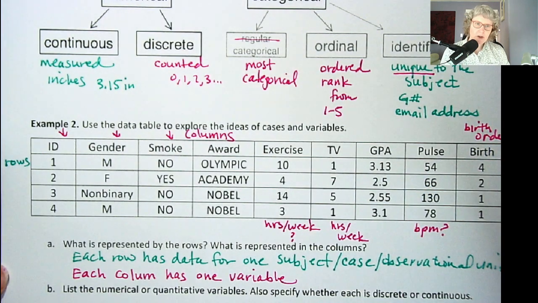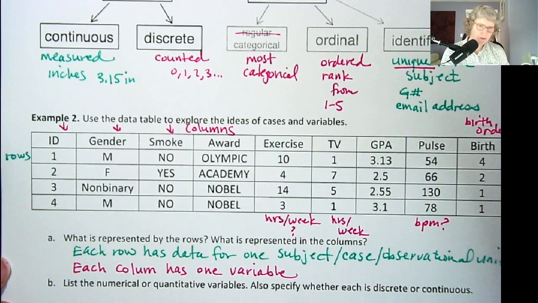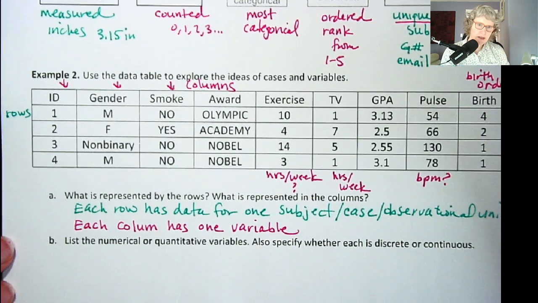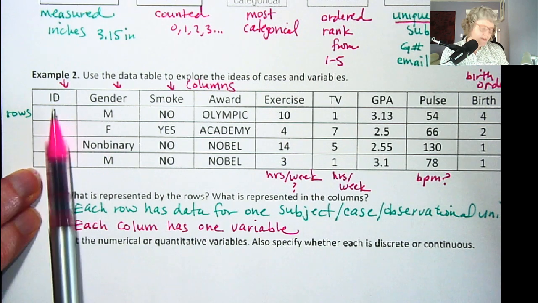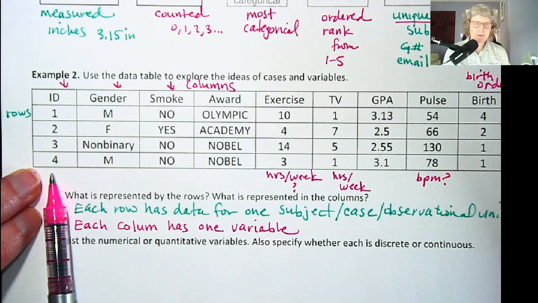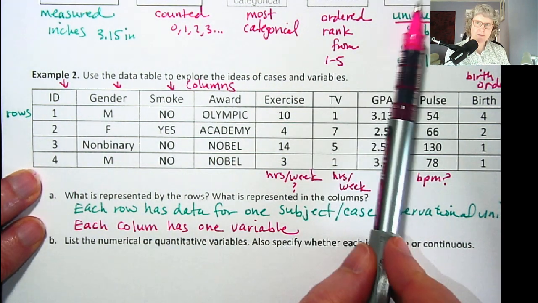Okay, so given all of that, let's go through the next part here. B says, list the numerical or quantitative, and those mean the same thing, numerical or quantitative variables. Also specify whether each is discrete or continuous. Okay, so let's just go in order. Okay, ID. Now, it is a number, but it's really not numerical. This is more of an identifier.